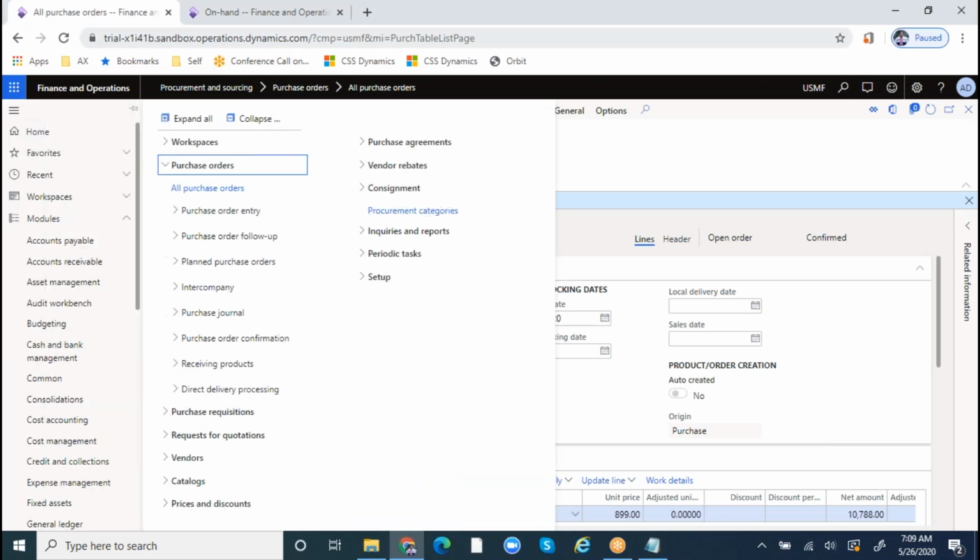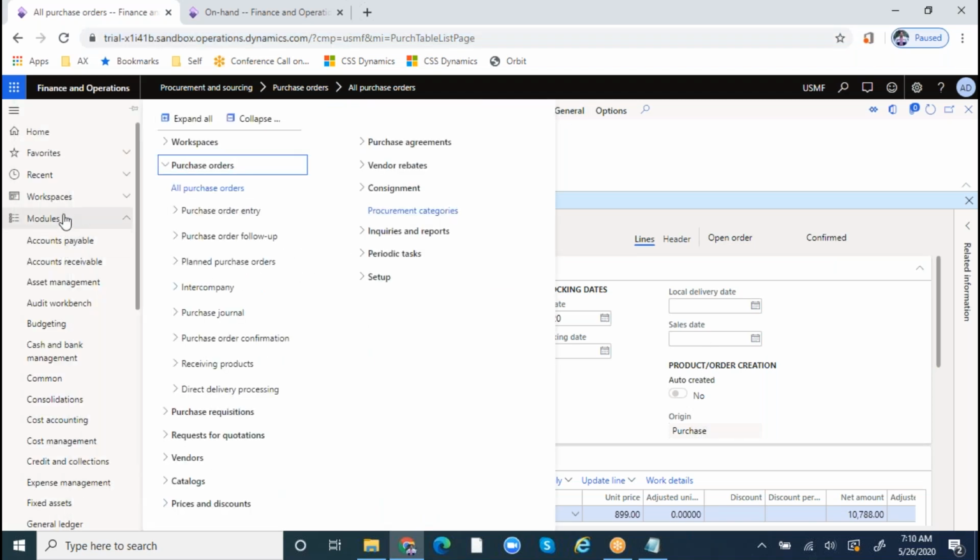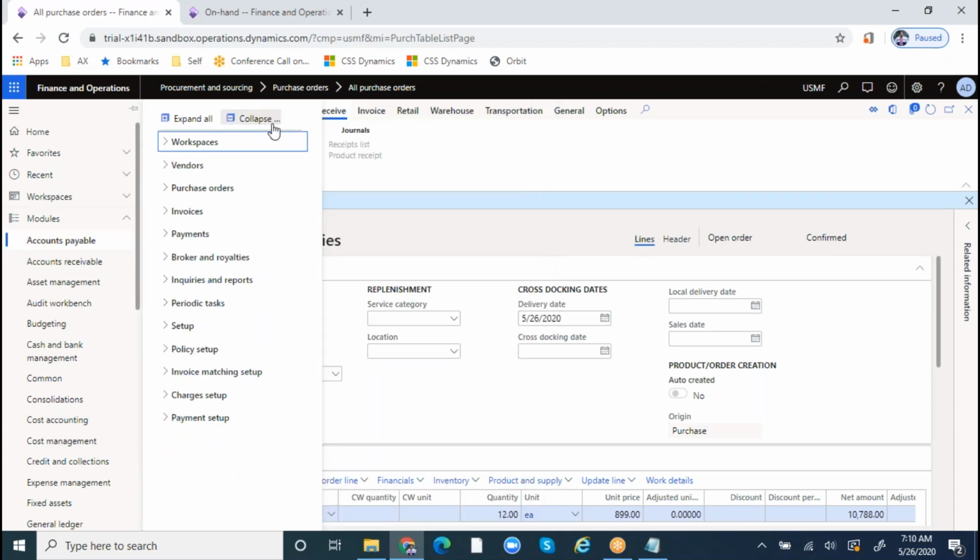This is the application with the link, with username and password. You can open this form. Once it is opened, you will find modules here. For finance, we are discussing the accounts payable module. Click on collapse all.